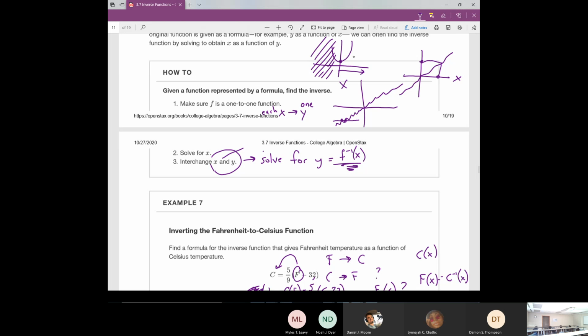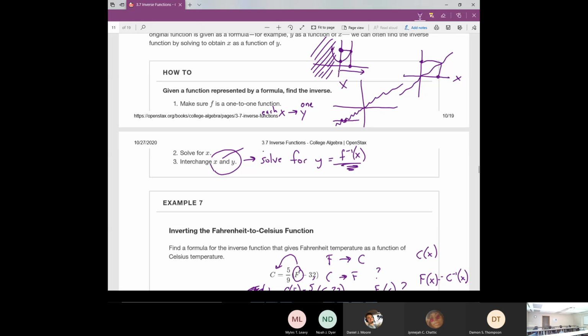You can think of one-to-one graphically as: if I have some function and I go from x and get a y, can I go the other direction? Given a y, do I have a known value for x? Well, if I had the whole range of a parabola, this y, I could have gotten that from this x or this x.